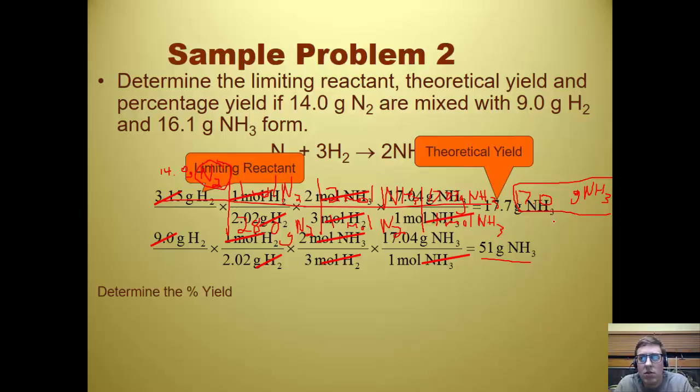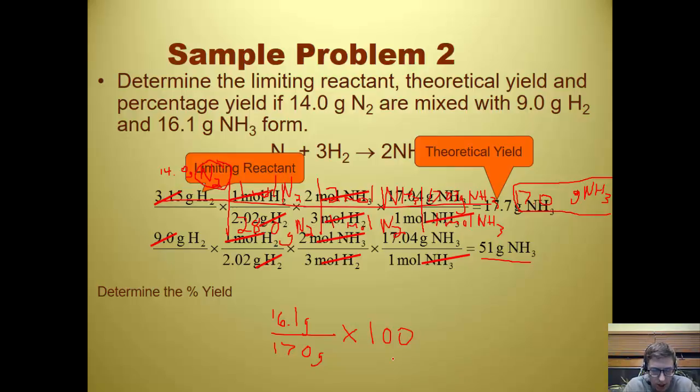Percent yield is going to be 16.1 grams actual over 17.0 grams. This is all times 100. Throw that in my handy dandy calculator.